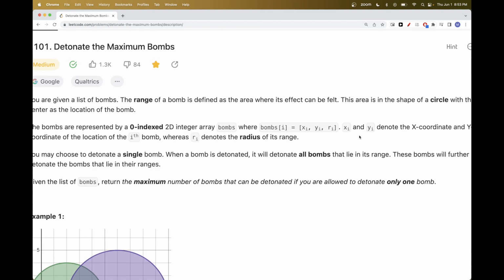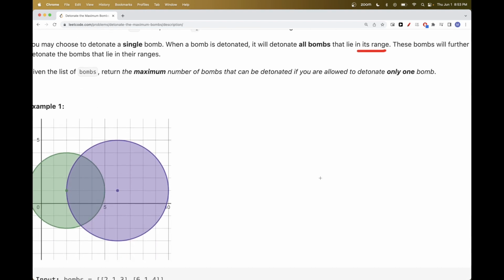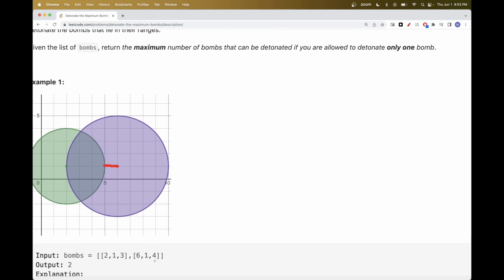Now let's go back to this range thing here, lies in its range. What do they mean by that? Well, what they mean is that the center of the second bomb needs to be in the radius of that bomb. Okay, what do I mean by that? Let's take an example. So this purple bomb here, if it detonates, it will detonate the green bomb. Why? Because the radius for the purple bomb is 4.